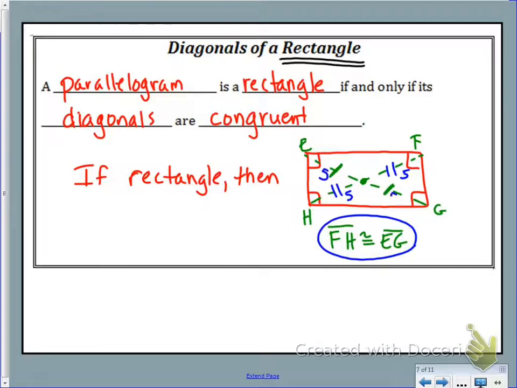So really, these would each be 5 units as well. So now, instead of just saying that each diagonal is bisected, it's bisected, but they're also congruent. So all 4 of these parts to the midpoint would be equal to one another in a rectangle. Now, since a square is also a more specific type of a rectangle, this also applies in a square.